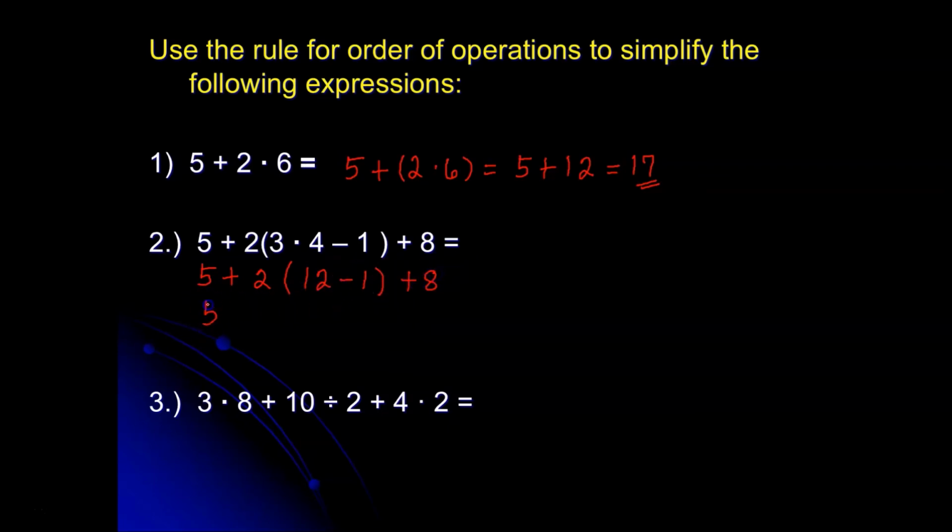So that's 5 plus 2 times, 12 minus 1 is 11, plus 8. Then 5 plus, deal with the multiplication. 2 times 11 is 22 plus 8. And finally, we can do the addition. So 22 plus 8 is 30, plus 5 is 35.